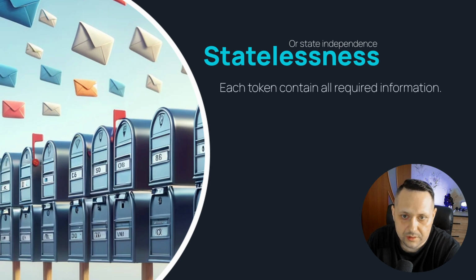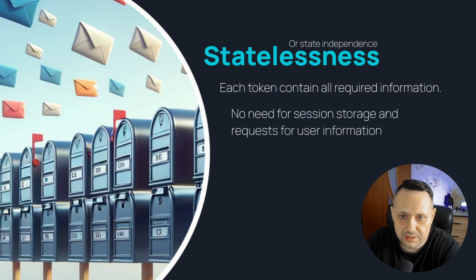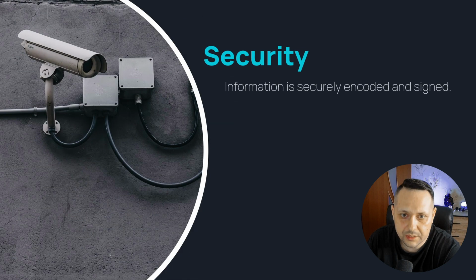Each token contains all the necessary information for user authentication and authorization, making each request self-sufficient. This eliminates the need for session storage, allowing the token to be freely passed between microservices, resulting in a cleaner and more efficient architecture.